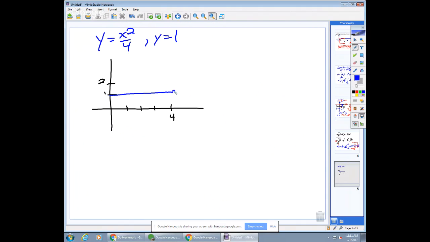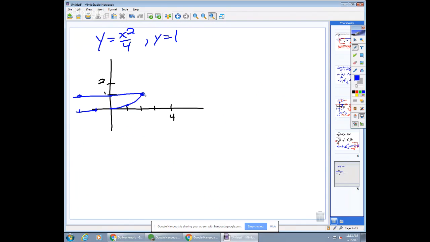Yeah, that's right. I have right there, and then this is a nice parabola. Oh wait, that's wrong. I'm thinking of the problem before this one. Let's see, 1, 2, 1, 1/4, and then other side, 1, 2.